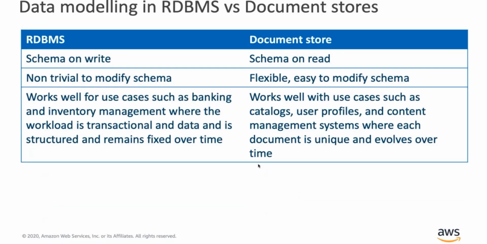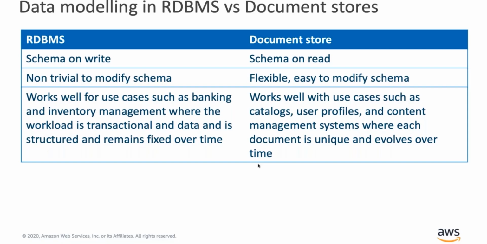And when we think about data modeling, again, it's very important to identify when you would use a relational data store versus a document data store, because that really impacts how you model your data. So there are different scenarios where you would want to use one over the other.